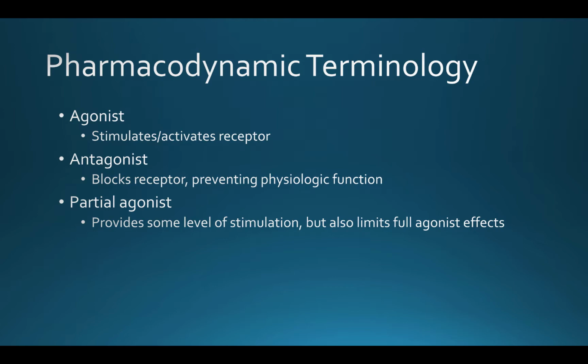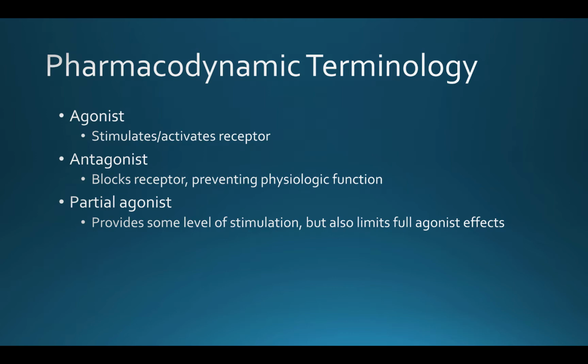Now, a partial agonist. One classic example I think of is varenicline, which is Chantix. It's a partial agonist at nicotine receptors. It gives some stimulation, but a partial agonist often has the advantage of limiting a full agonist's effect.